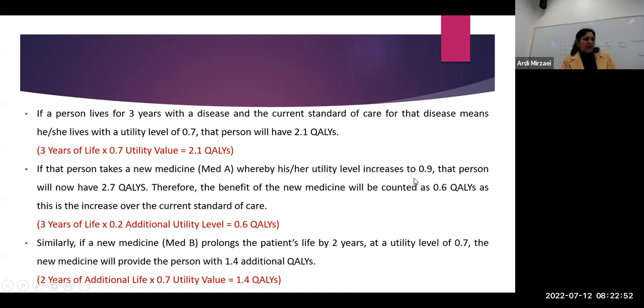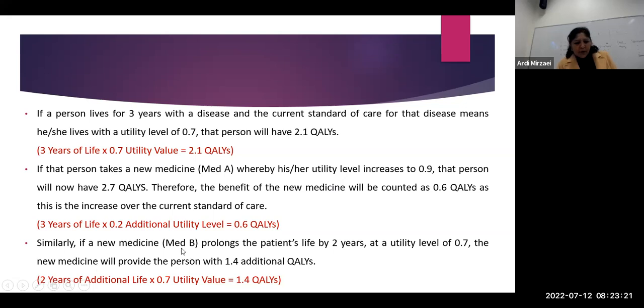It was 0.7, but it became a little better because of drug A. That person will now have 2.7 QALY. Therefore, the benefit of the new medicine will be counted as 0.6 QALY, because it was 2.1 and now it is 2.7. So 0.6 is the QALY for drug A.